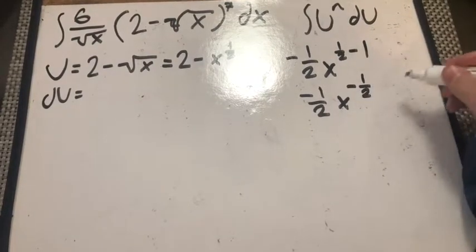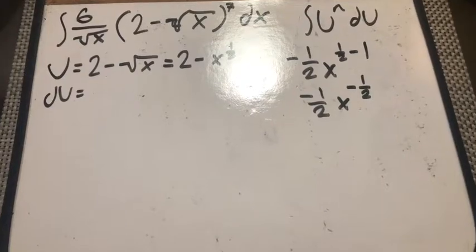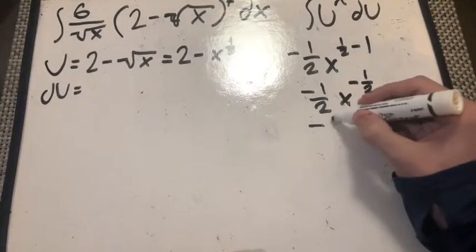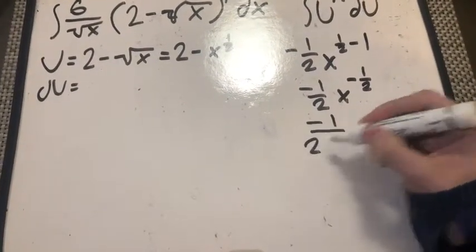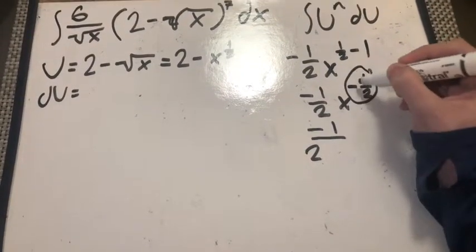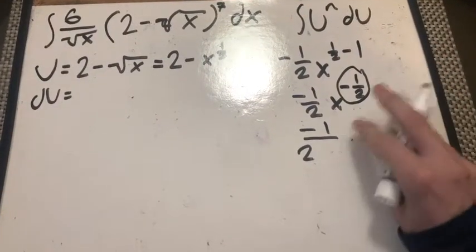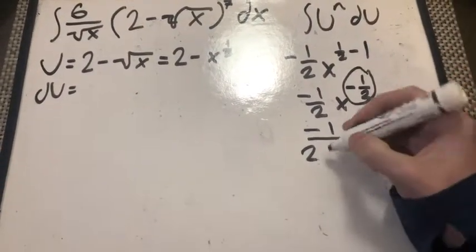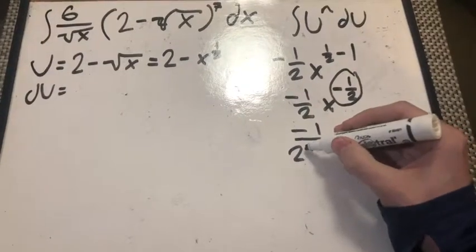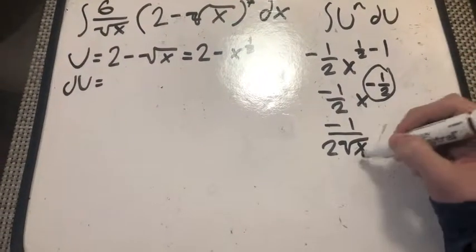Now, to turn this into a normal fraction, it is going to turn into negative 1 over 2. Then, to get this fraction positive, because we can't have a negative exponent, we have to take it to the denominator, which is going to turn it into square root of x, because 1/2 is positive and it's the same as square root of x.